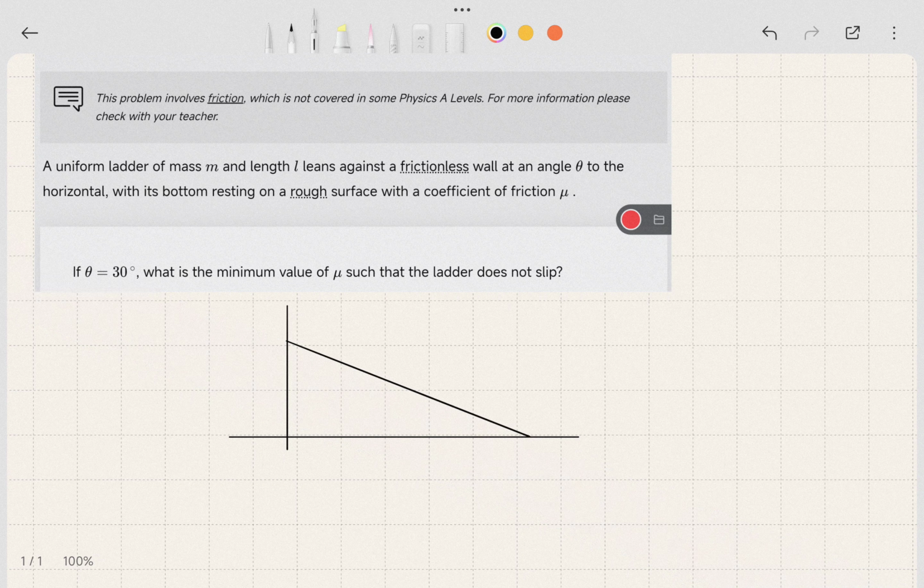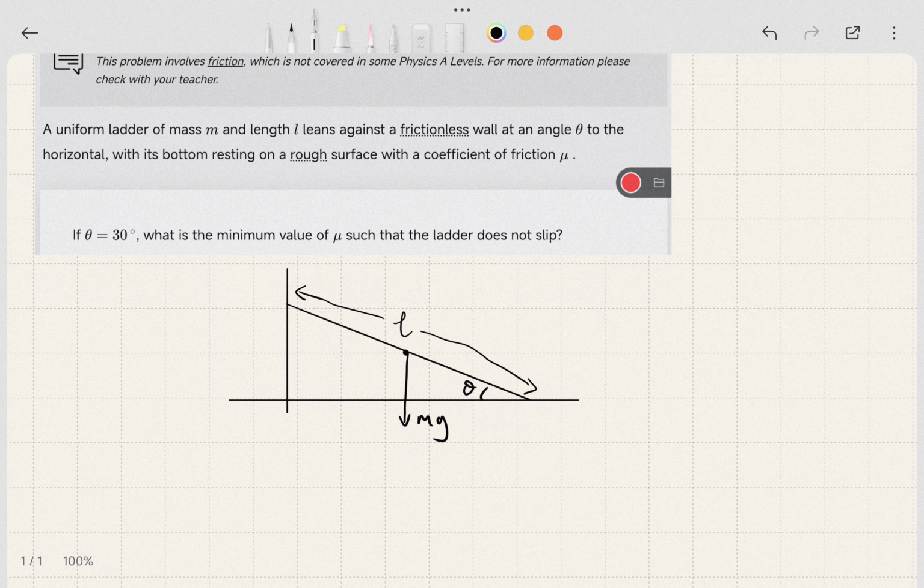So we know that the mass here exerts a weight of mg, and it has a length of l, and an angle of theta to the horizontal with its bottom resting on a rough surface with coefficient of friction mu.